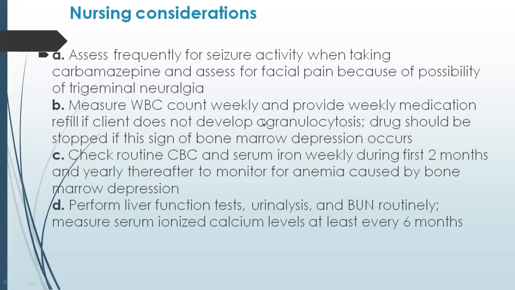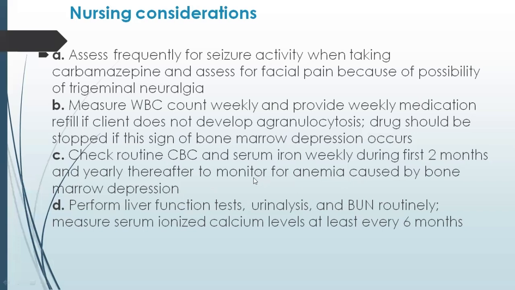Measure white blood cell counts weekly. We've talked about this with carbamazepine, because of its tendency to depress the bone marrow. Check routine CBC, complete blood count, and serum iron weekly during the first 2 months and yearly thereafter to monitor for anemia caused by bone marrow depression.